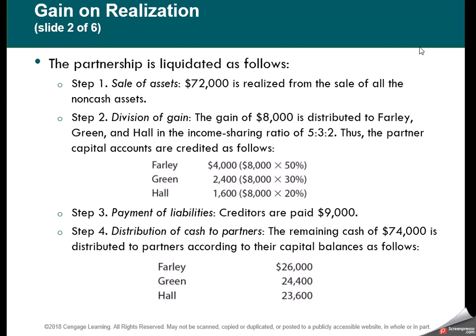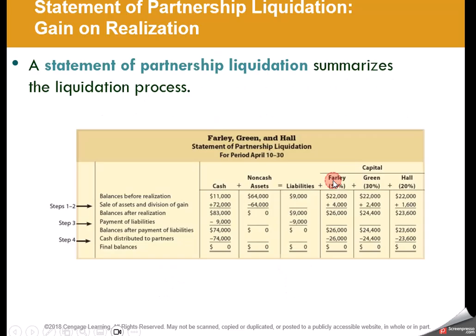into their capital balances. So it's not quite at that split level, though. Let's see. It's not at the 50, 30, and 20. So here they show us, it's at their balances, right?